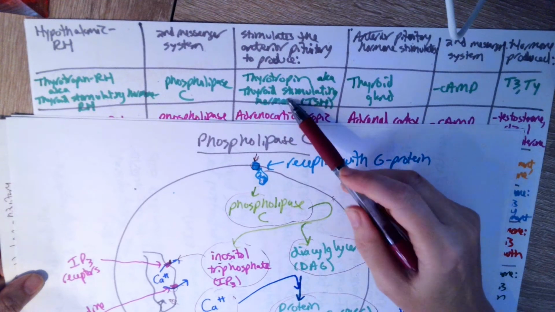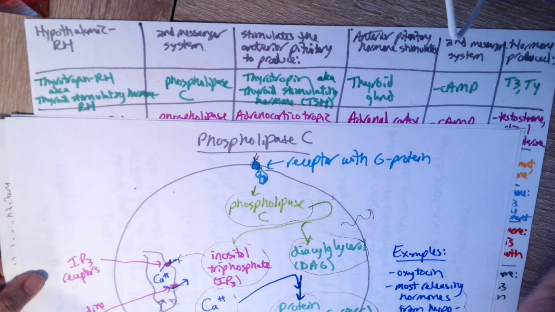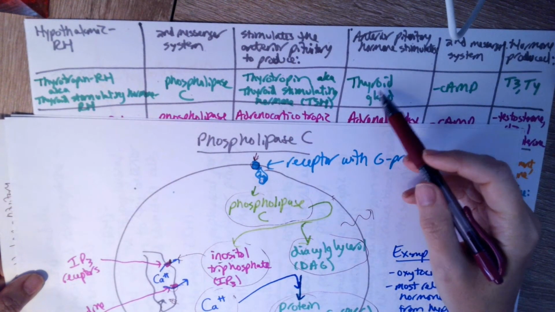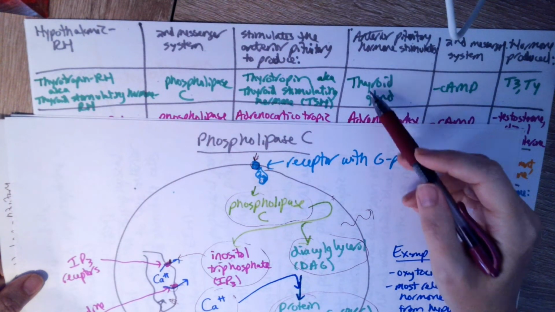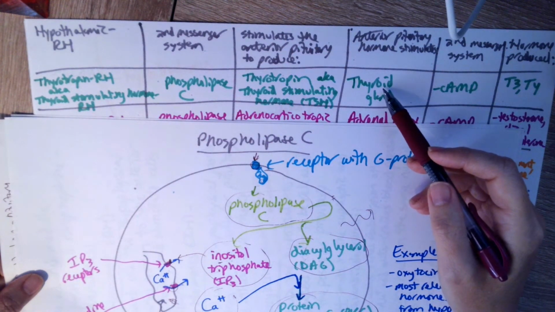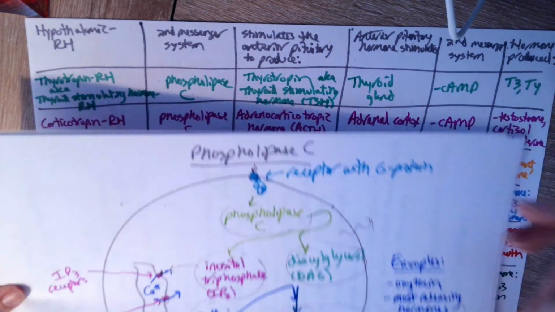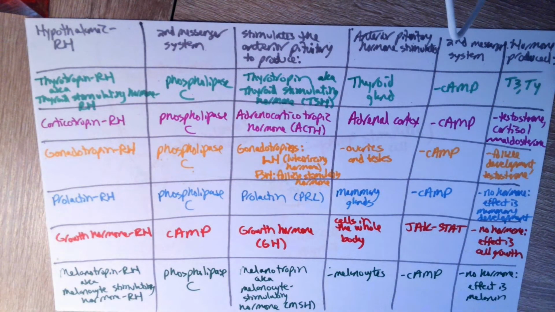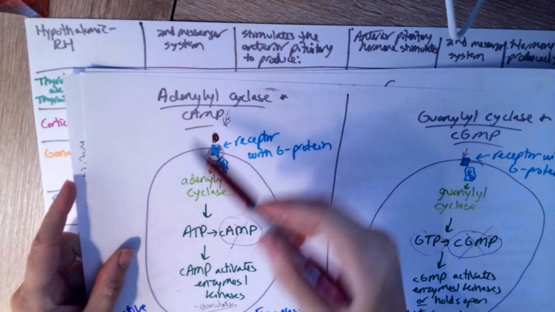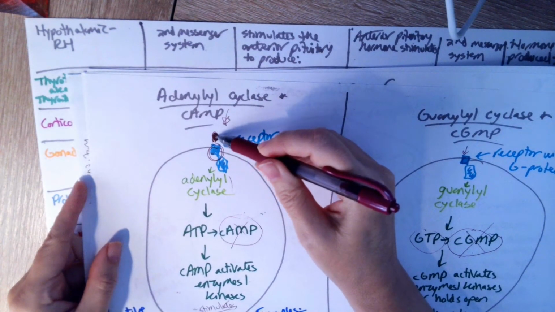Now that hormone, thyrotropin, comes out and goes to the thyroid gland. It gets in the blood, it travels through the blood until it hits the thyroid gland, where it will interact with cells in the thyroid gland. Now for this one, thyroid stimulating hormone is going to use cAMP as its second messenger. So here's thyroid stimulating hormone from the anterior pituitary.